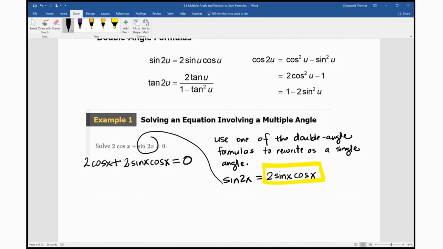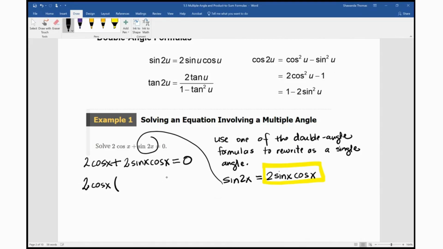All right, now we're going to factor out the common factors from both terms. What is common to both of these? What can we pull out? A 2 is definitely common. What else? Cosine x. All right.